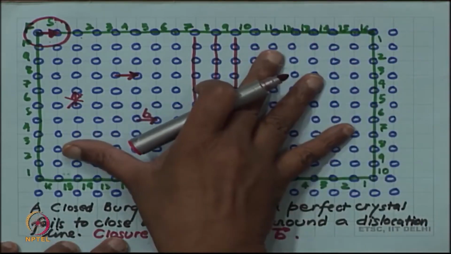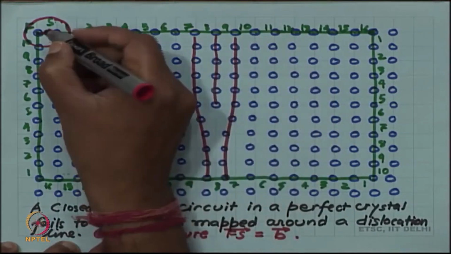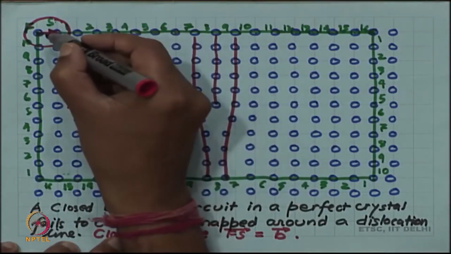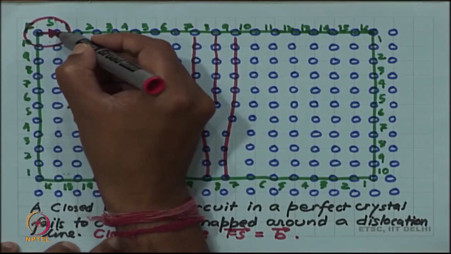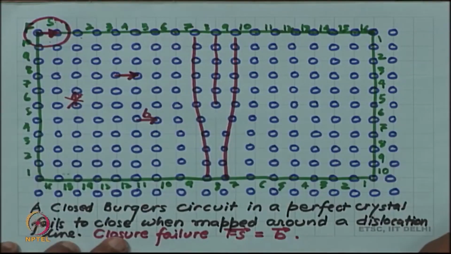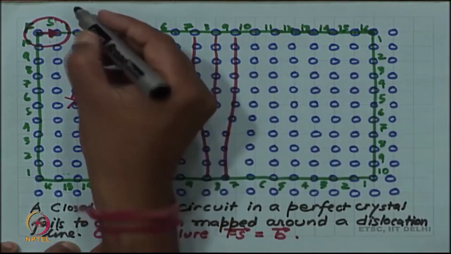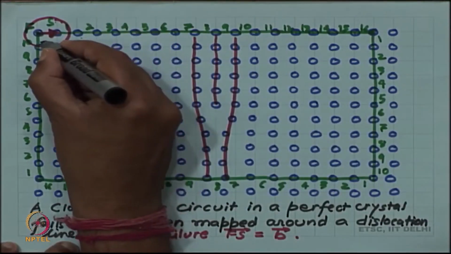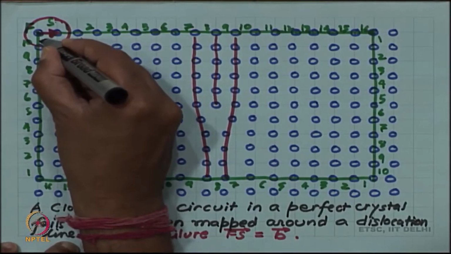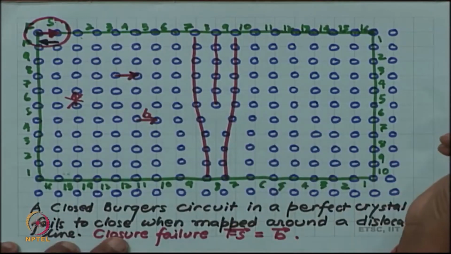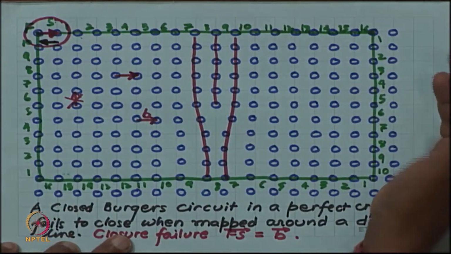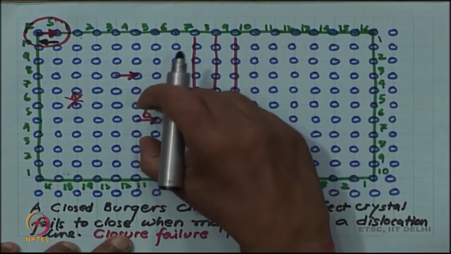Even with this clockwise circuit, there was no reason to define the Burgers vector as finish to start. I could have defined the Burgers vector as start to finish. In fact, some books will define it that way. So, that also is a proper Burgers vector.